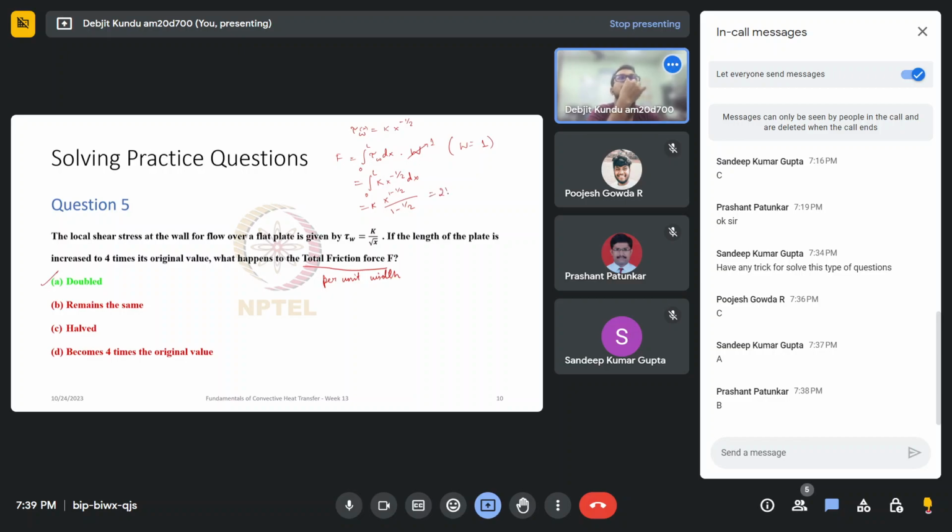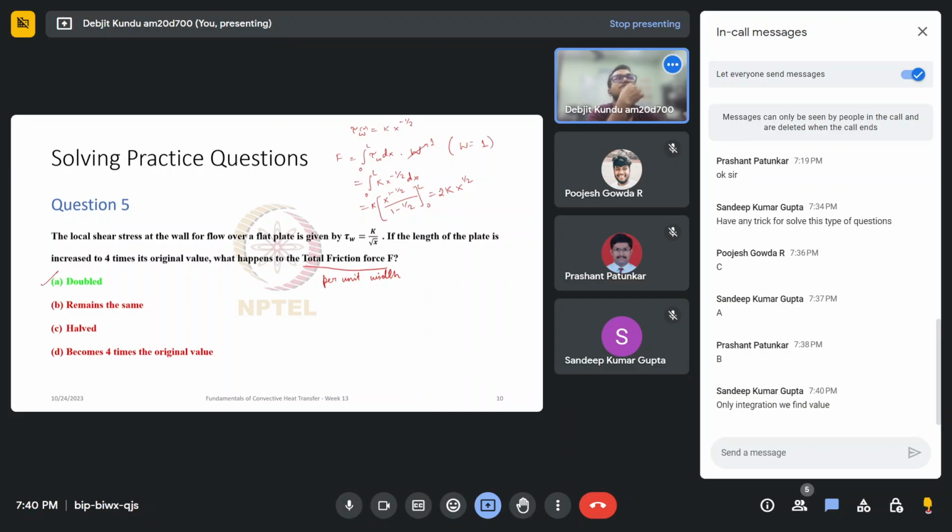This becomes 2k x to the power half, between 0 and L. So finally I get F is proportional to 2k L to the power half.